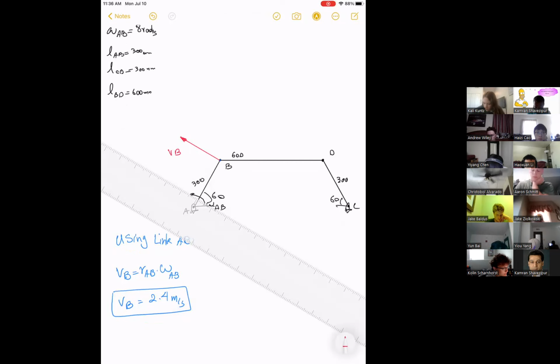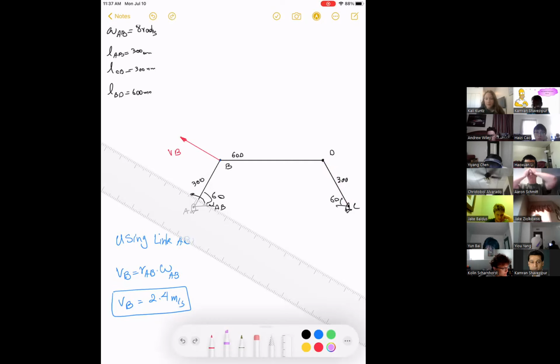Now, what kind of motion does CD have? Link CD. We're talking about link CD. Come on, guys, this should be quick. Rotational. Rotational motion about point C, similar to AB, right? Now, do I know omega CD?